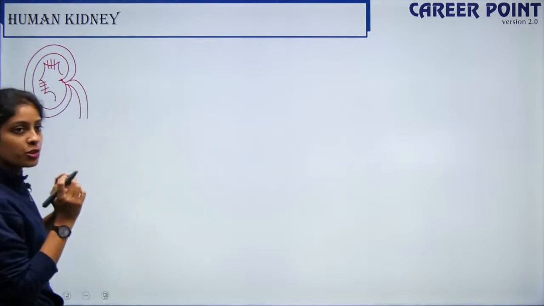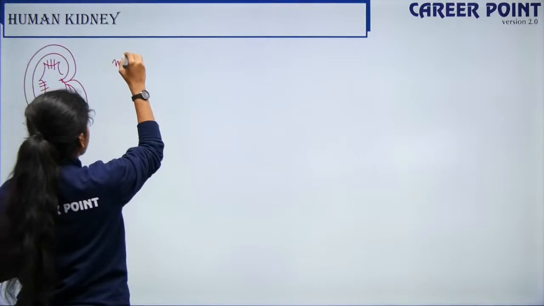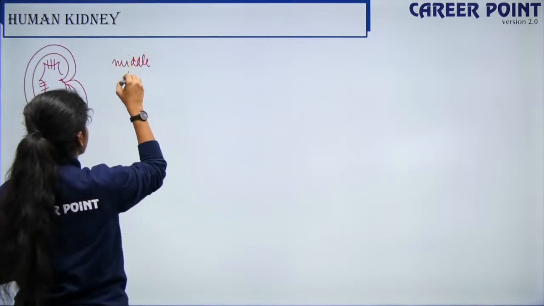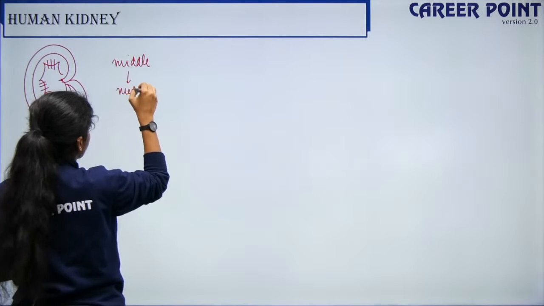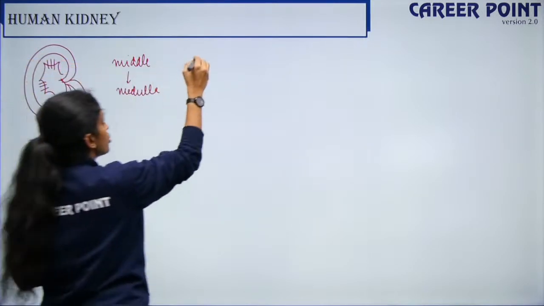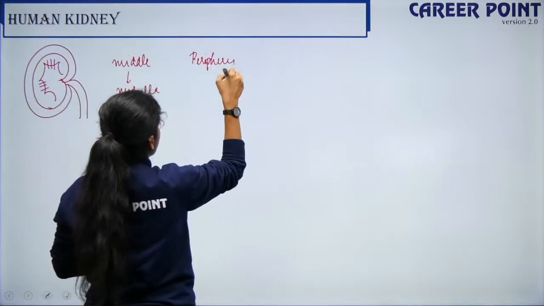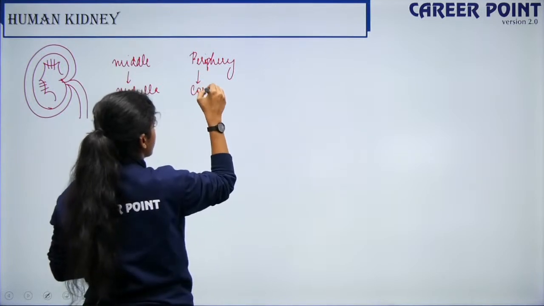What are the two regions of the inner surface of the kidney? The middle region of the kidney is known as the medulla and the periphery region is known as the cortex. This periphery region is known as the cortex region.